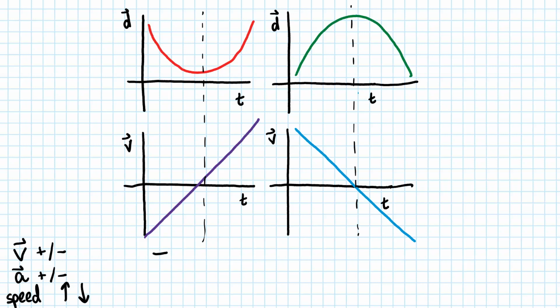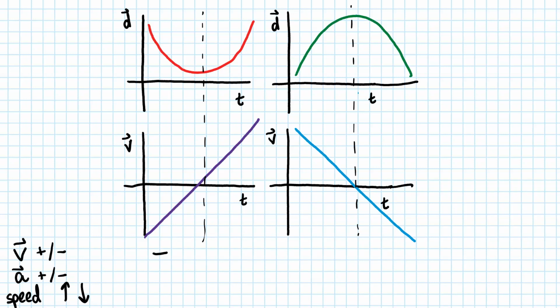Why? Because position time shows negative slopes, or it's sloping downwards, which is a negative velocity. Also, if I look at the velocity time graph, this whole area is negative, right? So the velocity time graph shows this whole area is in negative territory. So velocity is negative.